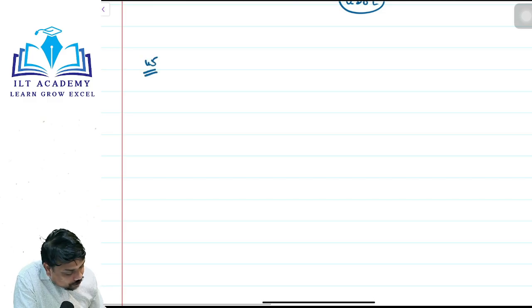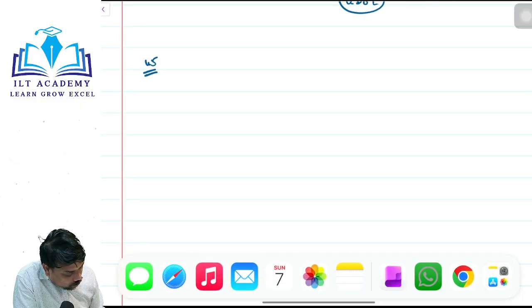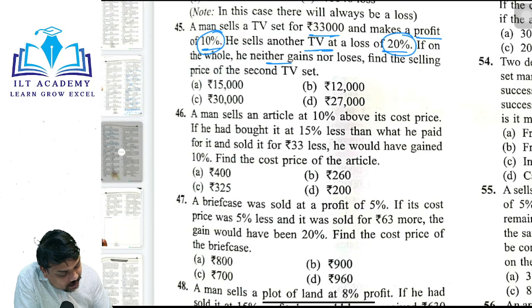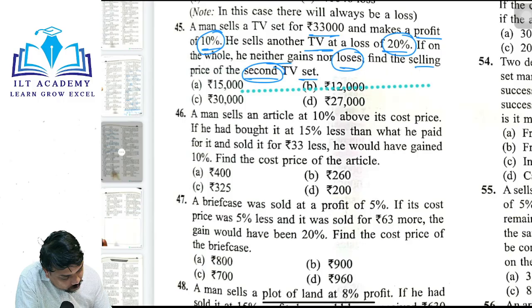Next, see the 45th question. A man sells a TV set for 33,000 and makes a profit of 10%. He sells another TV at a loss of 20%. If on the whole transaction he neither gains nor loses, find the selling price of the second TV. Very simple.